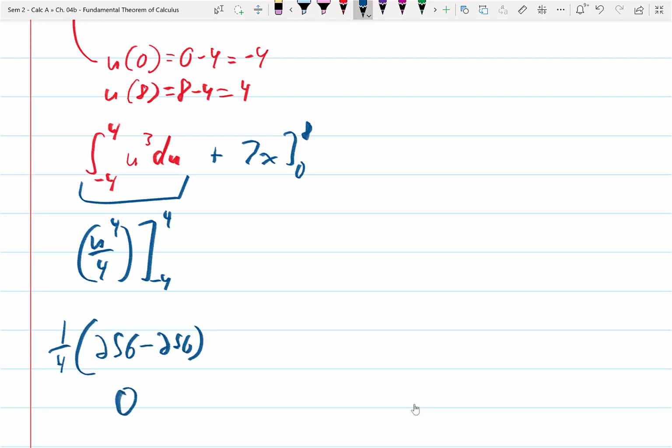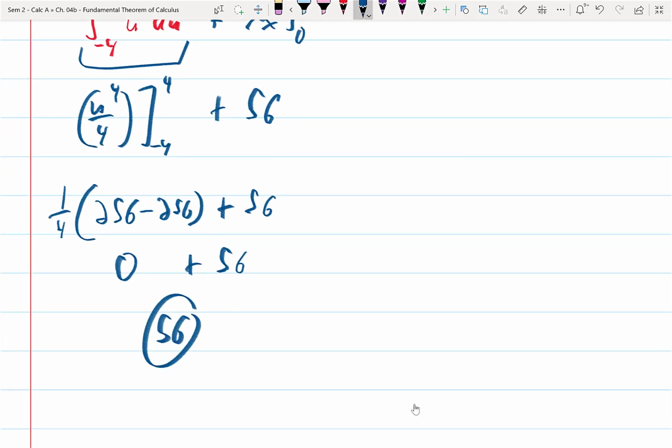But yes, this becomes 0. This right here becomes plus 56. So if I carry that down, this whole integral becomes 56. And that is the fundamental theorem, part 1.